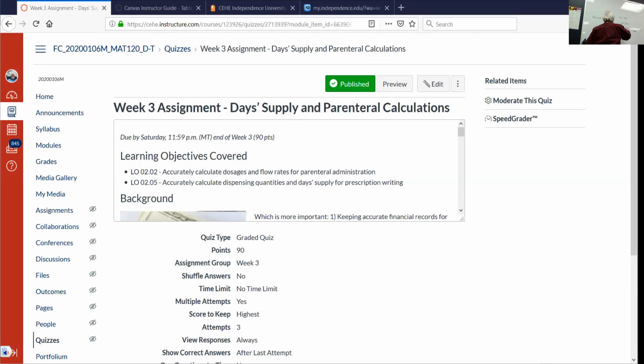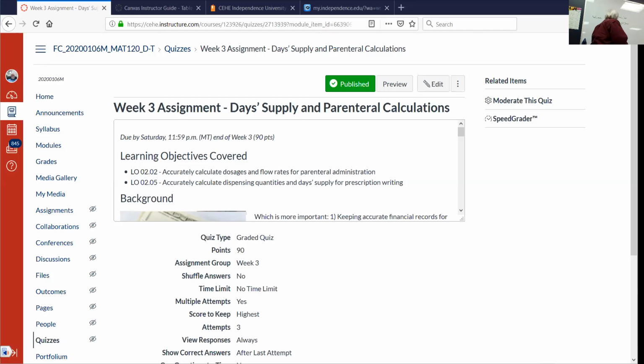So 500 milliliters of NS over 8 hours. Okay. Now, I'm going to erase some of this. So they're going to ask, what is the flow rate?